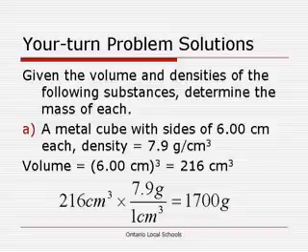Now, right away you're going to notice there's a mistake here, and we need to fix that mistake because there are 3 significant figures in this answer. In order to get 3 significant figures here, we need to either put a line over the 0 directly after the 7 to indicate that that 0 is significant, or we would want to put this in scientific notation and make it 1.70 times 10 to the third.